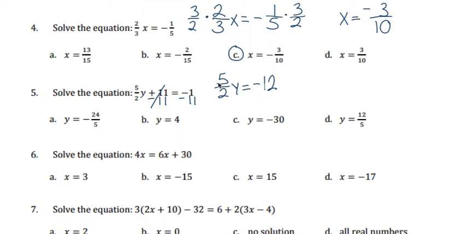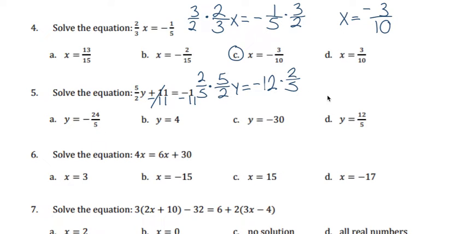Whenever we have a fraction times a variable, and we're trying to get the variable by itself, we need to multiply by the reciprocal of the fraction. So we're multiplying 2 over 5 on each side.